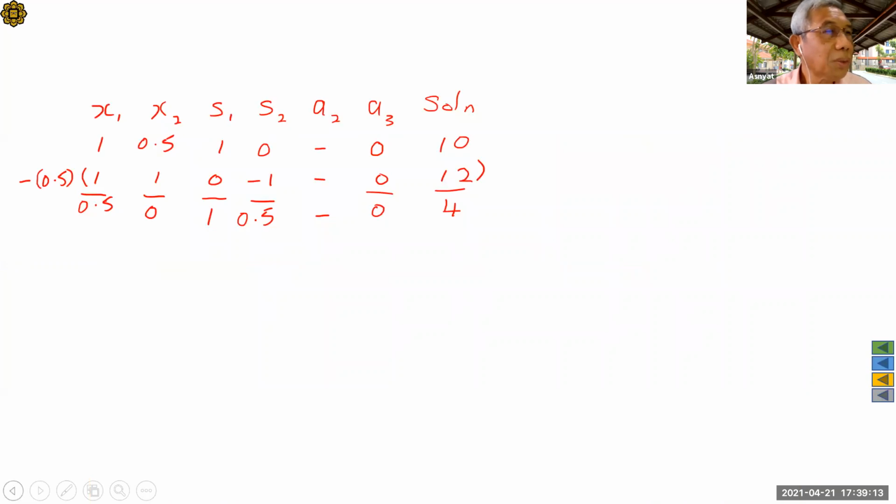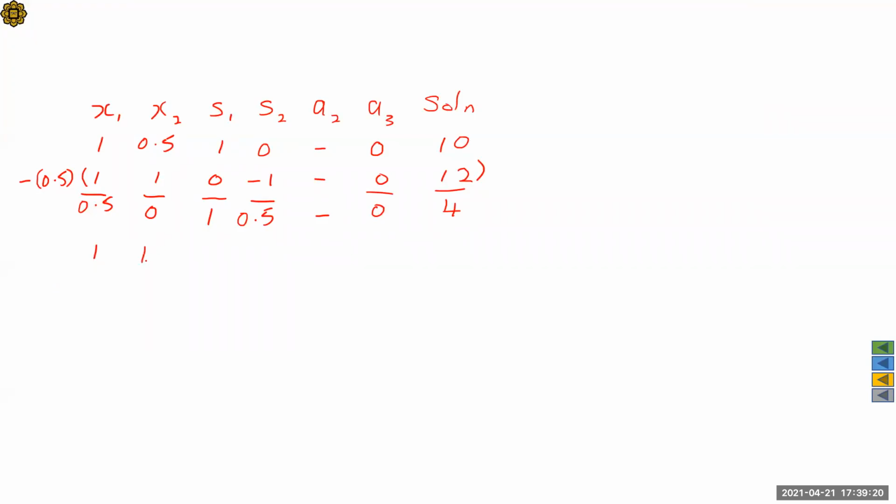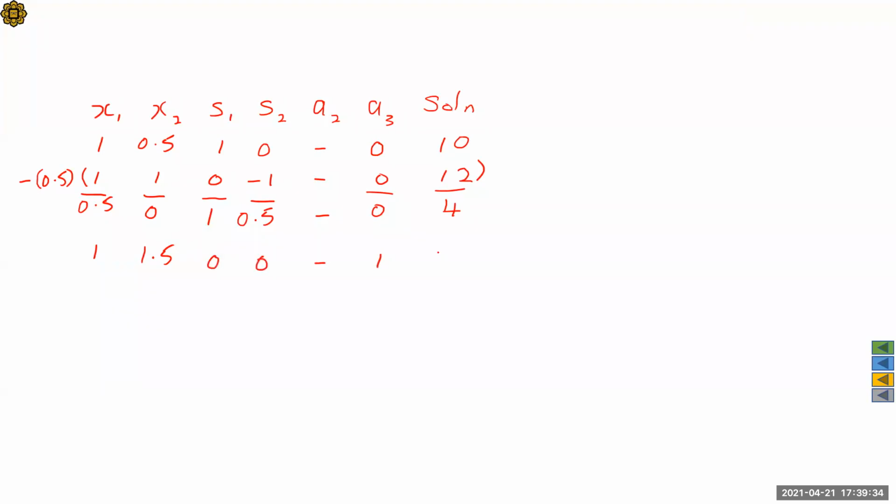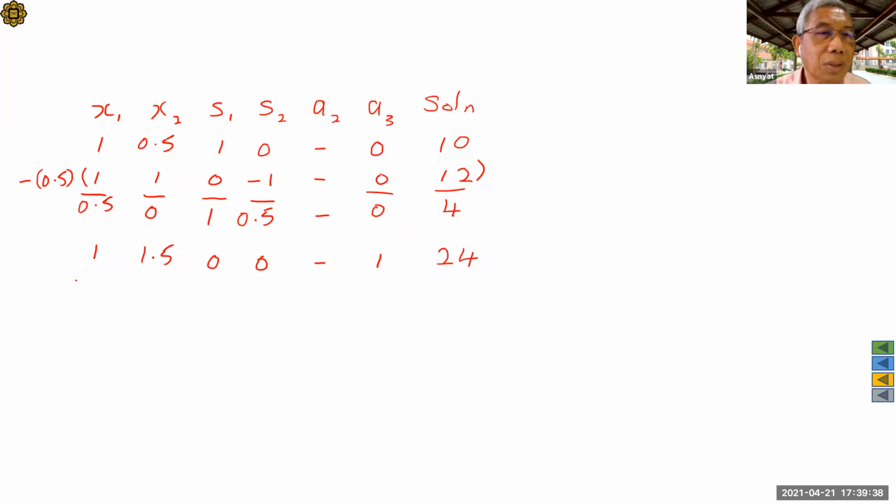So what's the old row coefficient? 1, 1.5, 0, 0, 0. Dash or 0, up to you. Then here 1, dash, 24.